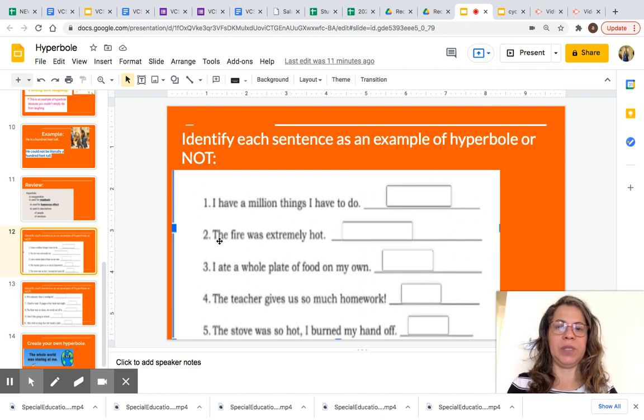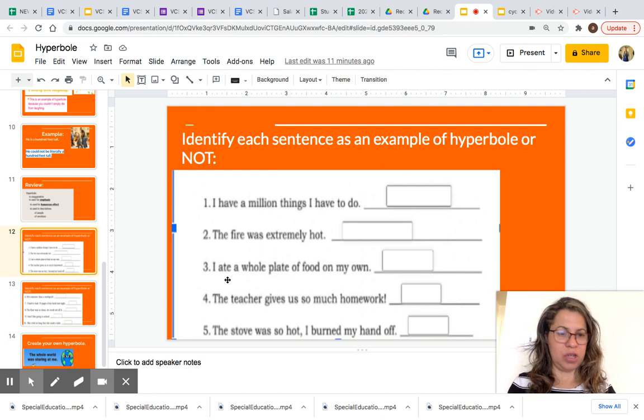The second one: the fire was extremely hot. Is this a hyperbole or not? Is this an exaggeration or is the fire actually hot? Number 3: I ate a whole plate of food on my own. Is this a hyperbole?